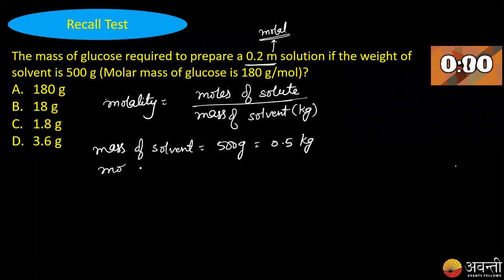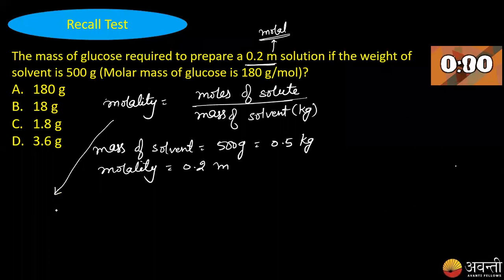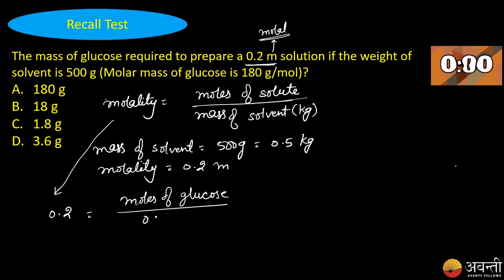Molality is given as 0.2. So let's calculate the mass of solute first. If you put the values in this particular formula, then 0.2 is equal to moles of glucose, we don't know the moles, divided by mass of solvent, which is 0.5 kg, right?